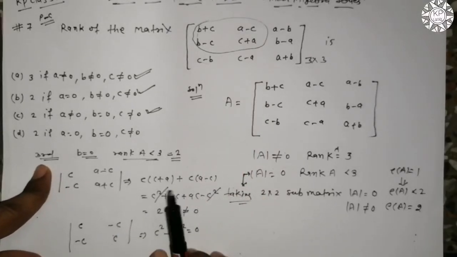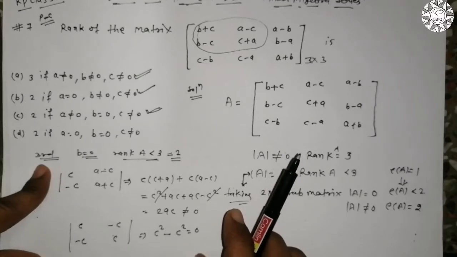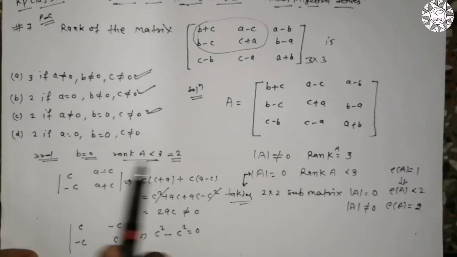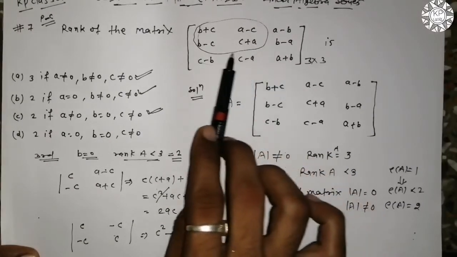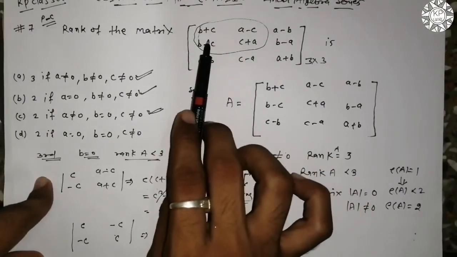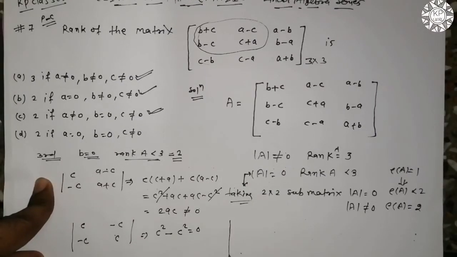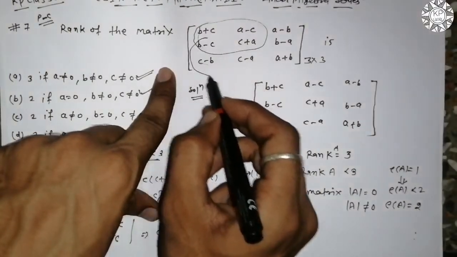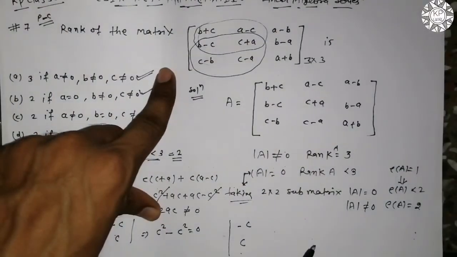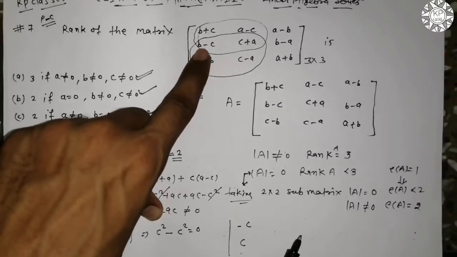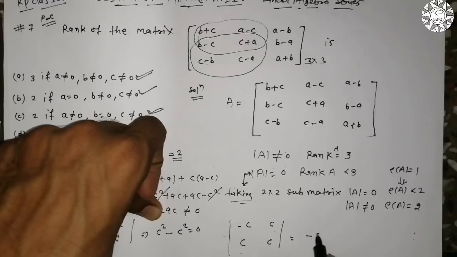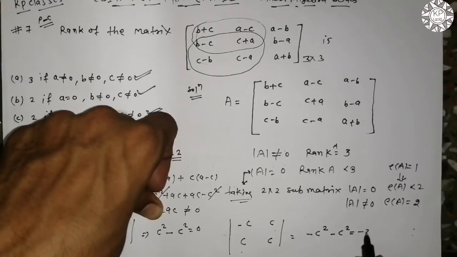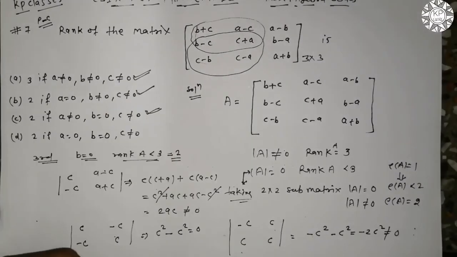Okay friends, now check other possibilities. Put a equal to 0 and b equal to 0. Taking this block: minus c and c, minus c, c, c and c. Minus c square and minus c square equals minus 2c square, not equal to 0.